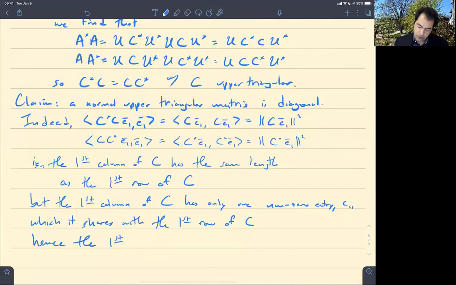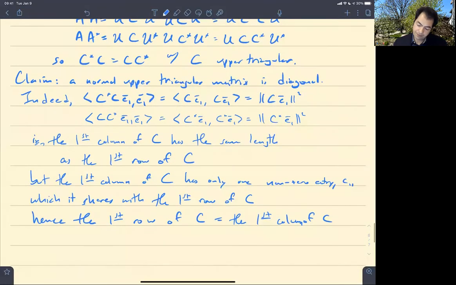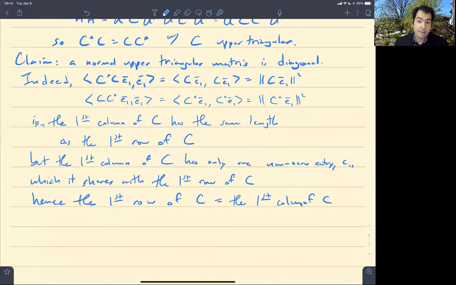Hence, the first row of C is equal, well, it is equal to the first column of C. Notice that it's enough for it to share it with complex conjugate, but it shares it on the nose because I know that the eigenvalues of A, which are the diagonal entries of C, are real numbers.